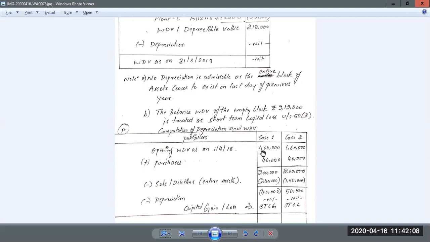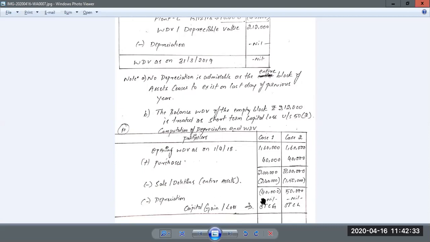Old plant and machinery worth was 1,60,000. New plant and machinery you have purchased at 40,000. Both put together it is 2 lakh, but you are selling it at 2,40,000. That means you are selling at 40,000 extra, right? So this 40,000 will become short-term capital gain. In this case we cannot calculate depreciation because the entire block of assets has been sold at 2,40,000 rupees.